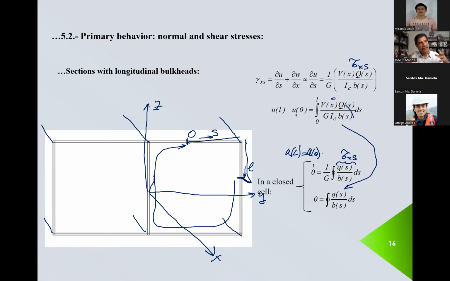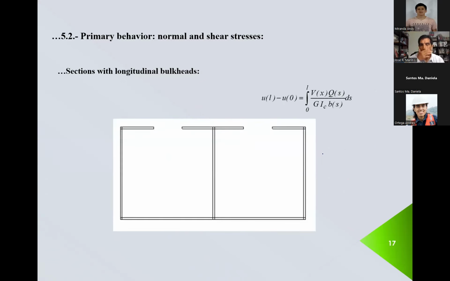So the combination of one equation from equilibrium and this kinematic relation will allow us to analyze these indeterminate cases. Now, what happens in this case? Yeah, we can do the same. We can start here and we can integrate.